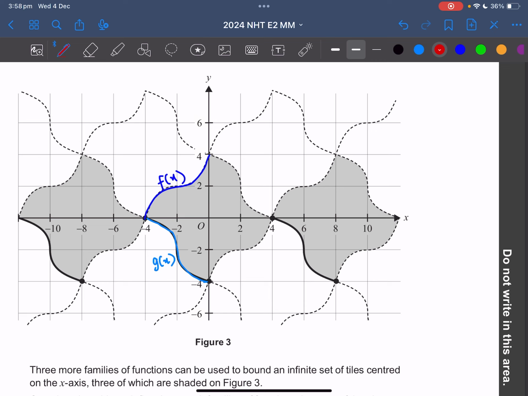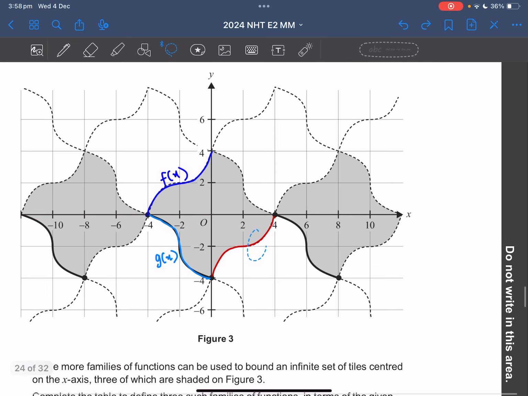Now if I were to do this over here, I'm going to do this function in terms of f, because we know the translations to apply to go from f of x to this function over here. So if I want to move f of x to the red graph, we'll go 4 units to the right and 4 units down. So the red graph is basically f of x minus 4 take away 4.